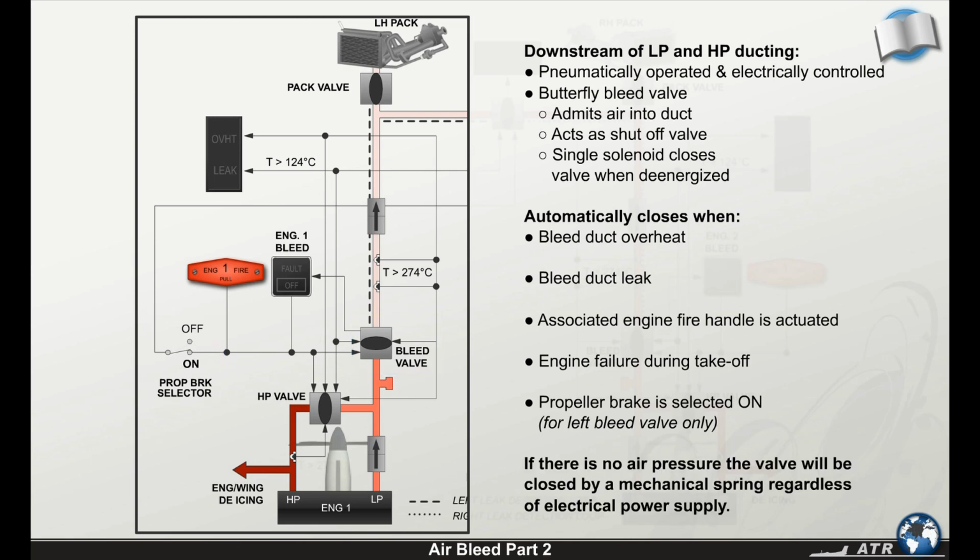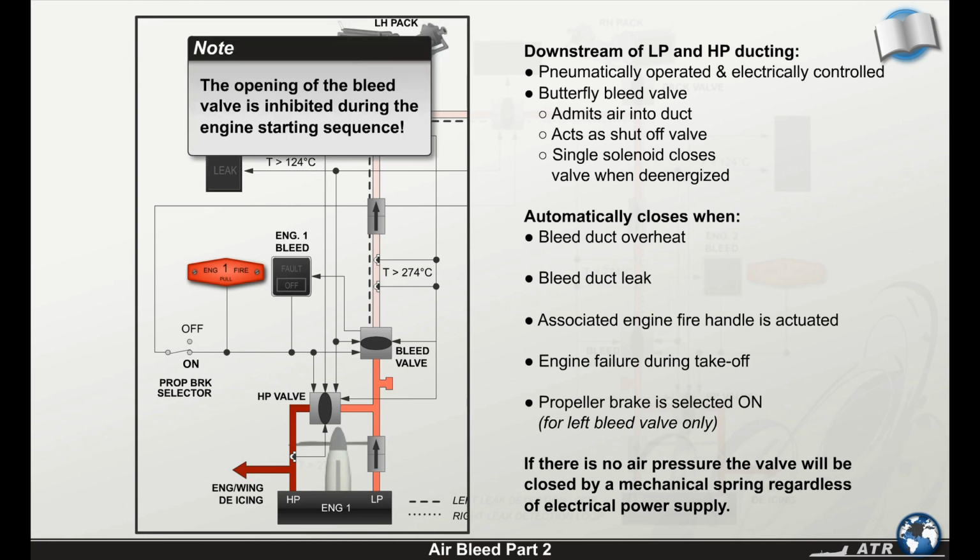If there is no air pressure, the valve will be closed by a mechanical spring regardless of electrical power supply. Note that the opening of the bleed valve is inhibited during the engine starting sequence.